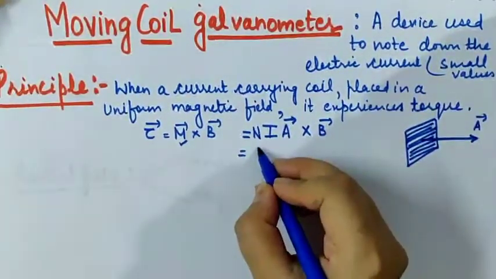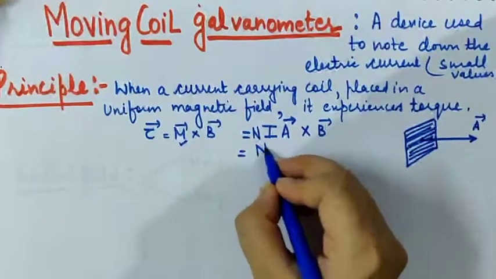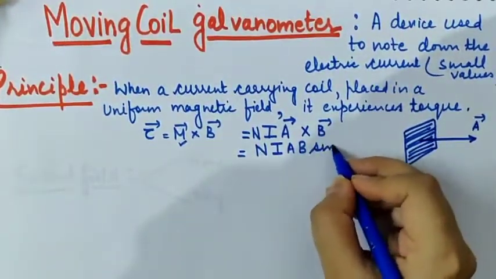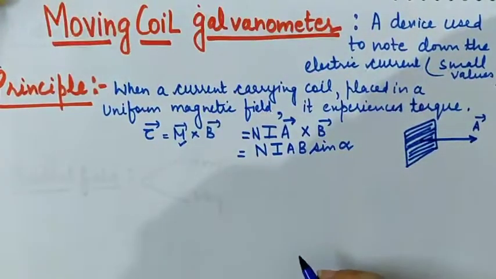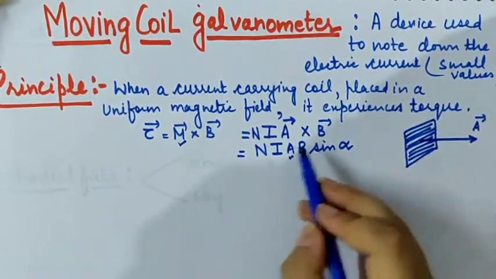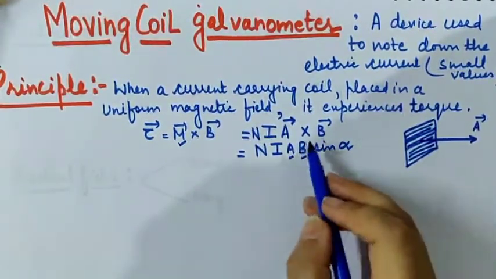We have earlier studied that N I A B, we used to write sine of the angle between them. Here alpha is the angle between the magnetic field and the area vector, not the plane but the area vector.